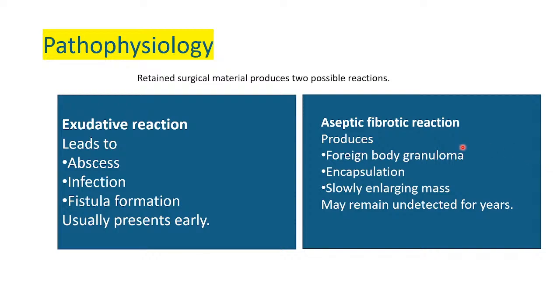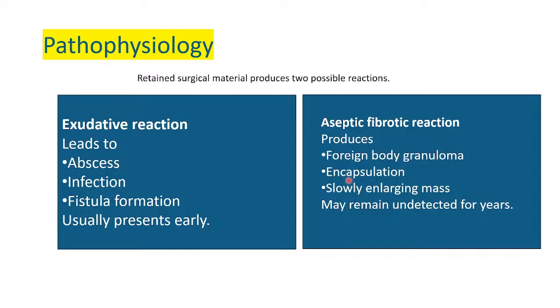So as a sonographer or a radiologist, you must have this at the back of your mind. You are looking at the possible reactions to a foreign body, the textiloma: the exudative reaction and the aseptic fibrotic reaction. So when you're doing a sonar, you're looking for signs of an abscess, infection, fistula formation, which are the early features.